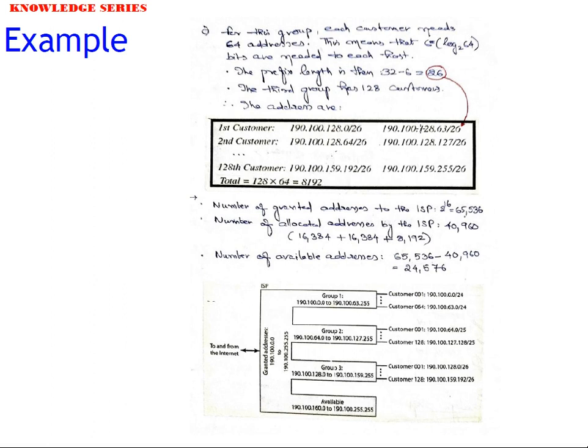So here 0 to 63, 64 to 127, like that 192 to 255. But here also if you go, it has gone up to 159. So this is how we do the distribution. So 128 customers and 64 addresses, so it appears as 8192.